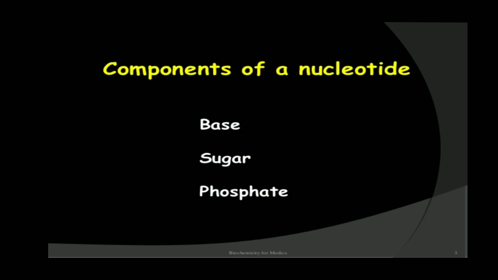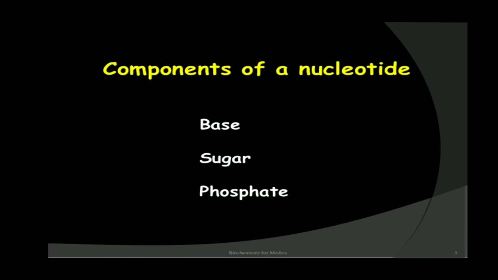The nucleic acid, that is DNA, consists of three different components: nitrogen bases, sugar, and phosphate groups. The nitrogen bases found in DNA are adenine, guanine, cytosine, and thymine.